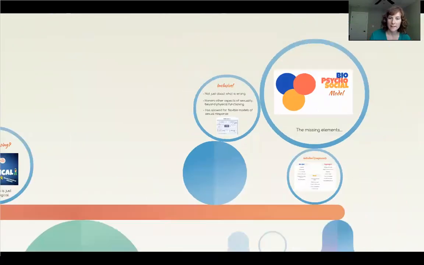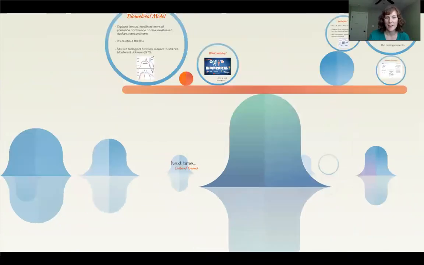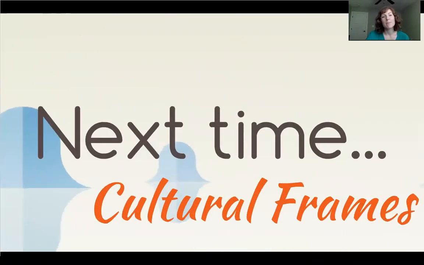All right. So that's the biomedical versus biopsychosocial. And we can probably say goodbye to the biomedical model for now, because we're going to move squarely into the biopsychosocial model for the rest of the 8 weeks, although I may still trash on it every once in a while. But next time, we're going to be talking about cultural frames.